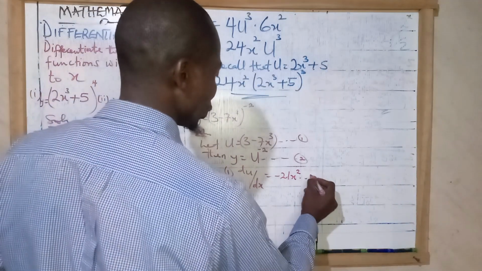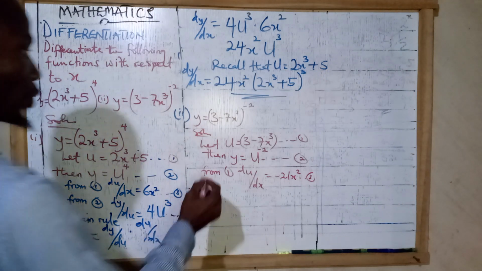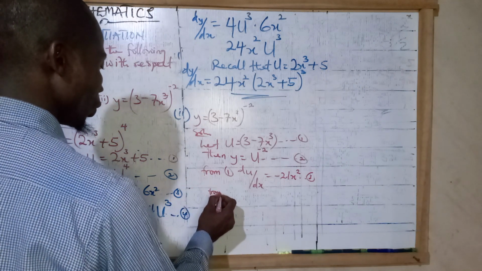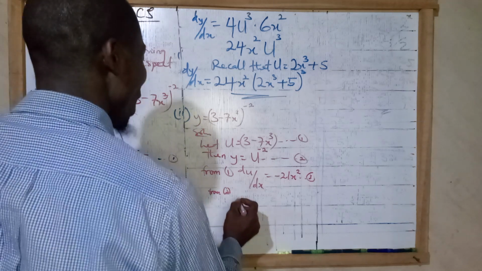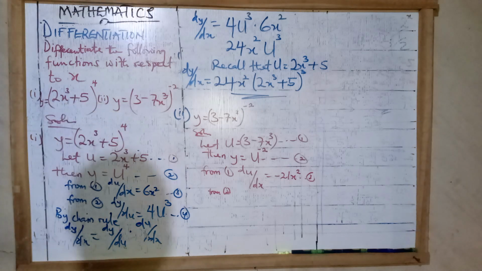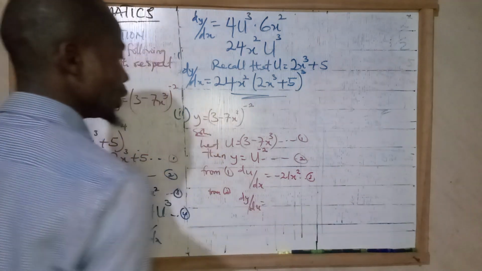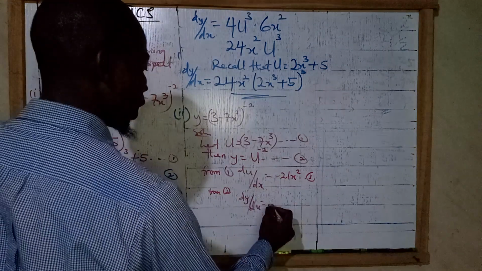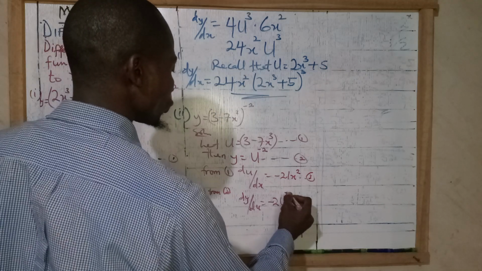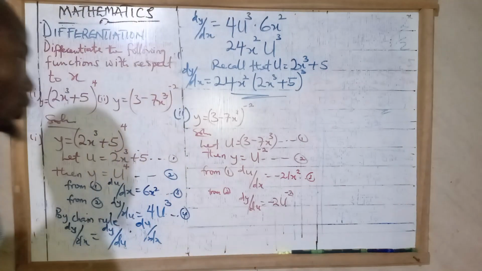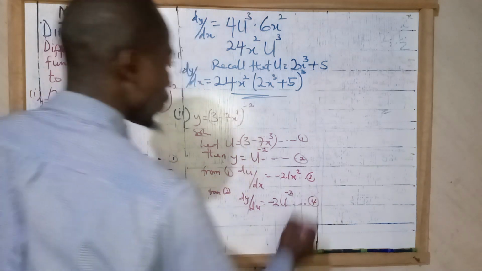Let's say this is equation 3. And from equation 2, where we have y equals u raised to power minus 2, dy/du will give us minus 2u, then minus 2 minus 1 will give us minus 3. Now this is equation 4.